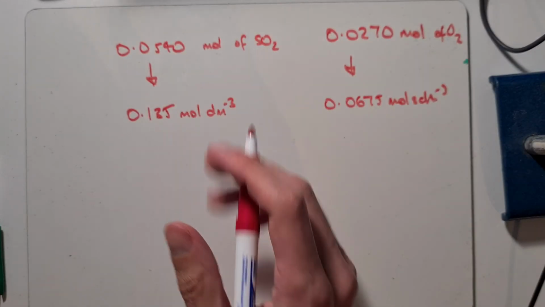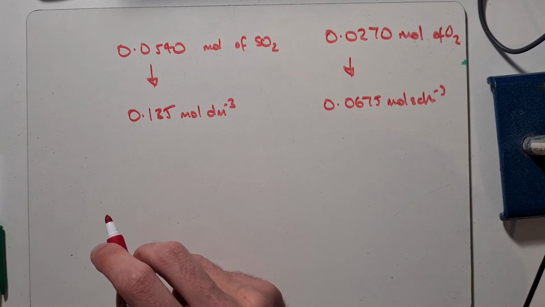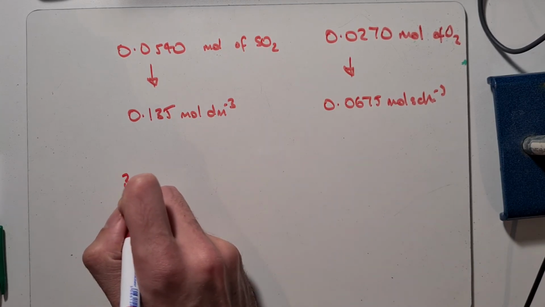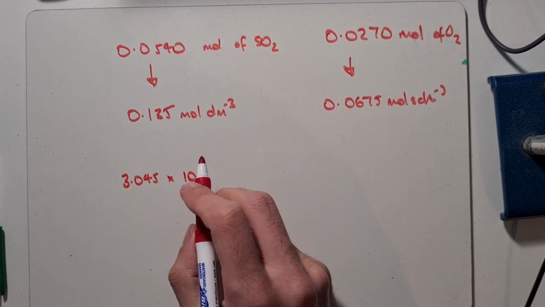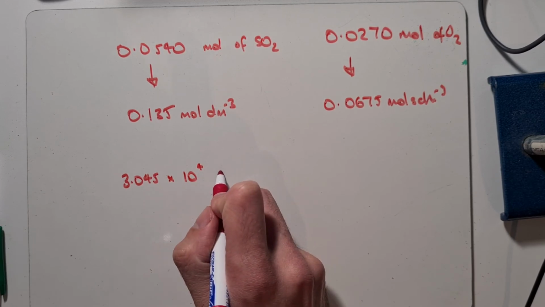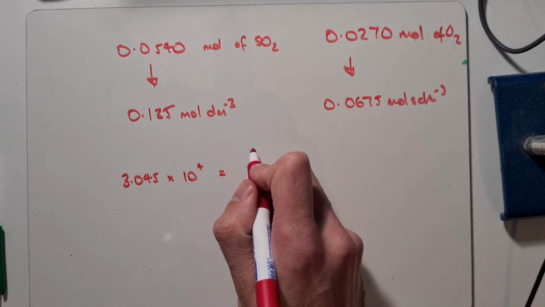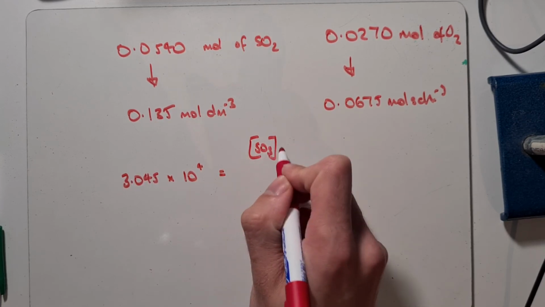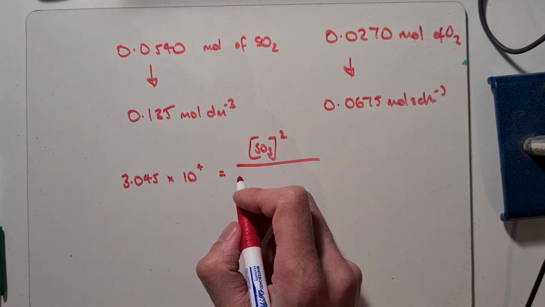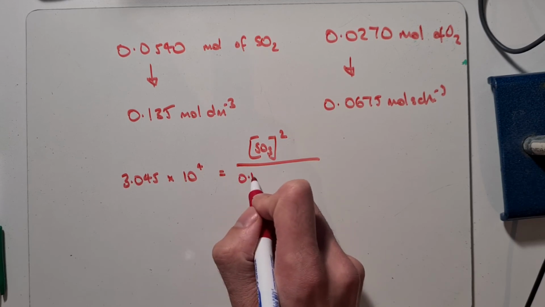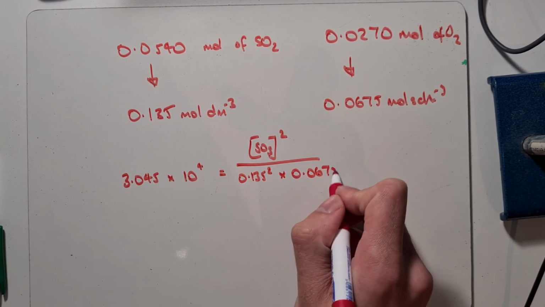So then we can go to our expression we worked out before. We can start to rearrange. We know Kc. Kc is 3.045 times 10 to the 4, and that is going to equal the concentration of SO3 squared over 0.135 squared times 0.0675.